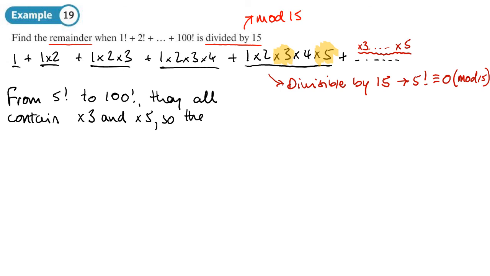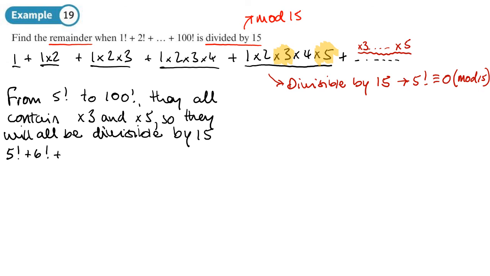So they will all be divisible by 15. There'll be no remainder. So that means that the sum from 5 factorial to 100 factorial will also be divisible by 15, which means under mod 15, the remainder is 0.